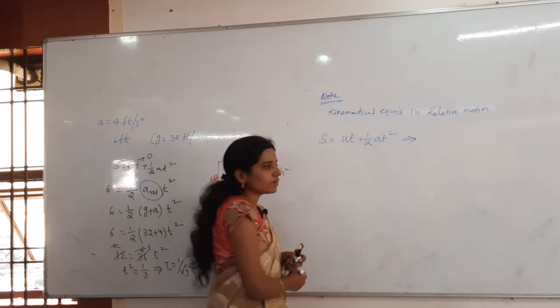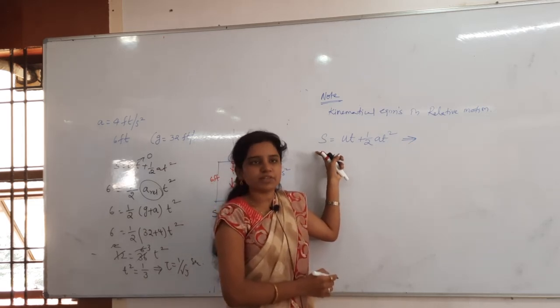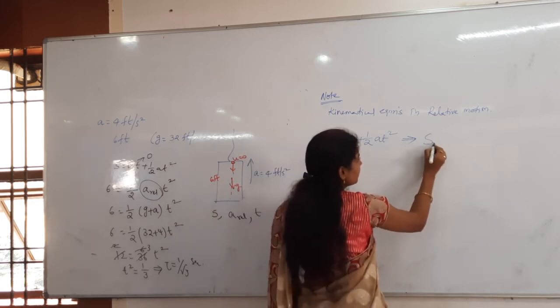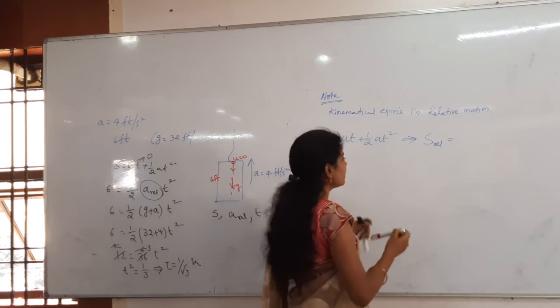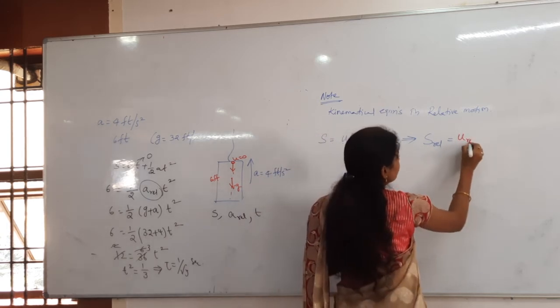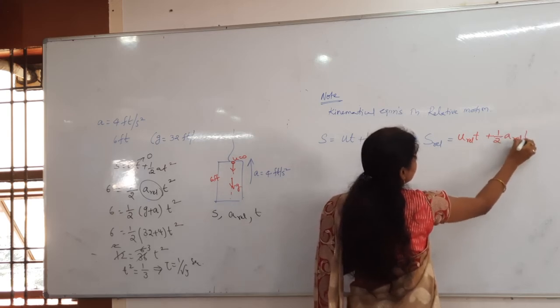So in relative motion what can I write? What is S here? Displacement, no? So here what can I write? Relative displacement, S relative is equal to U relative into t plus half into A relative into t square.